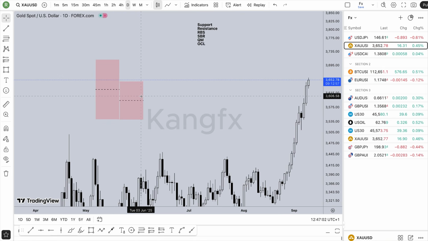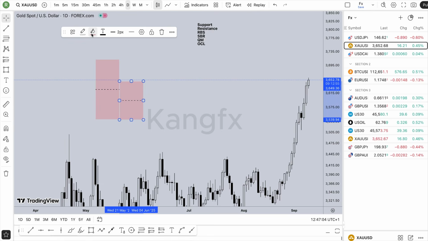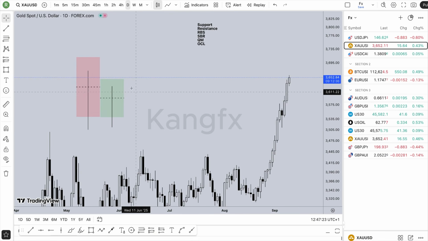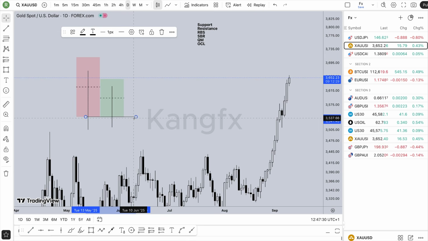Now, I don't need too much candle to get my support or my resistance. Immediately I have 2 candles of different colors, I've gotten my support. Let's add the wick and also add the wick here. If I have 2 candles of different colors, a bullish and a bearish candle, I have my support. And when drawing your support, we draw our support line below the candle.